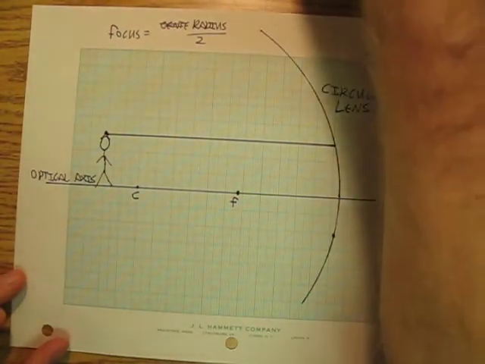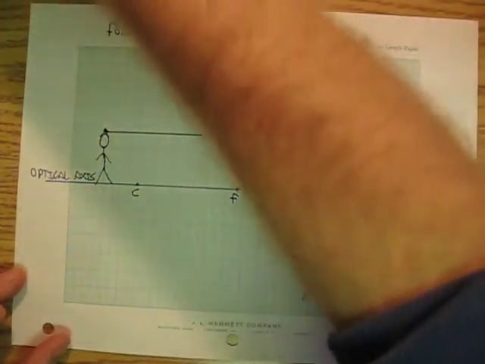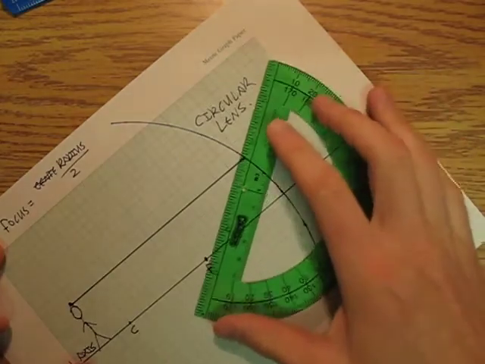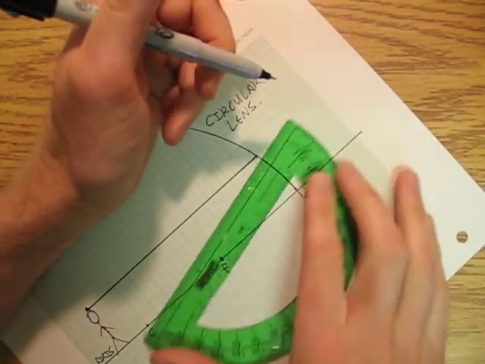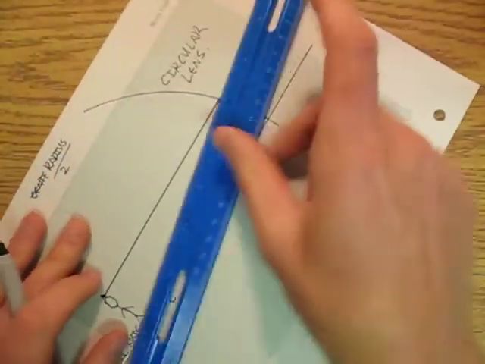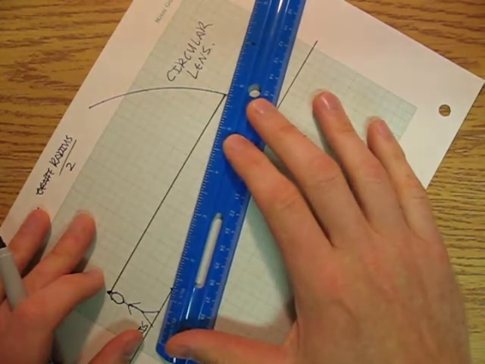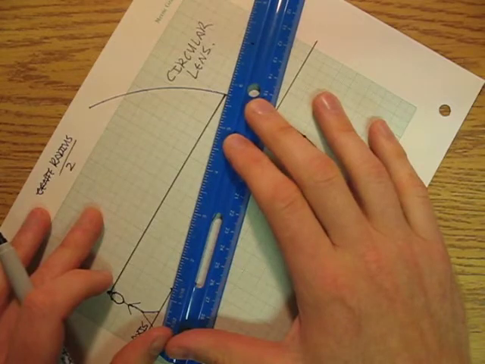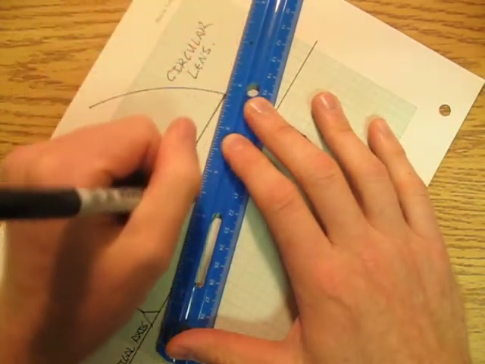Now, angle of incidence equals angle of reflection. So what I need to do is make a normal. A normal is perpendicular to a surface, and we know that the center to the edge is always going to be perpendicular.